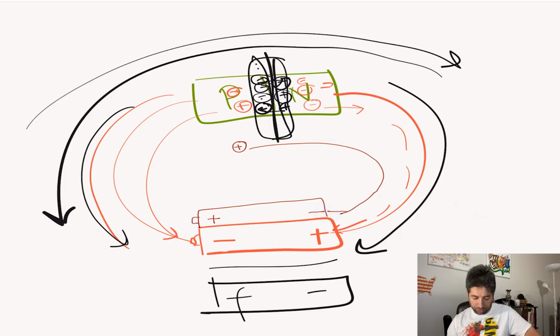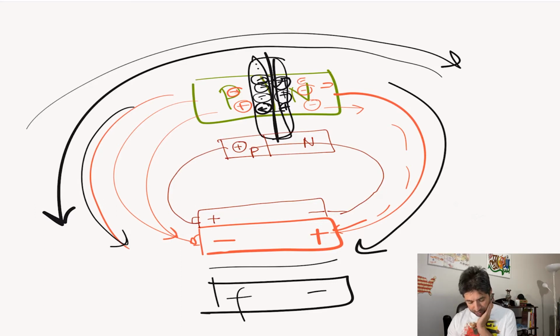In this connection, the battery is connected to a full diode. This inner ring is for the forward bias, and you see positive holes, majority carriers in the p-type material, move towards this side, and the electrons, which are in the majority on the other side, move over under the influence of the battery. Now we have charge flowing across this region. That depletion region that we mentioned earlier will not exist now. So this is called forward bias.